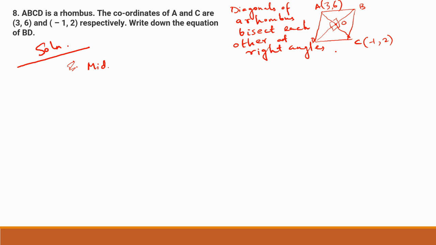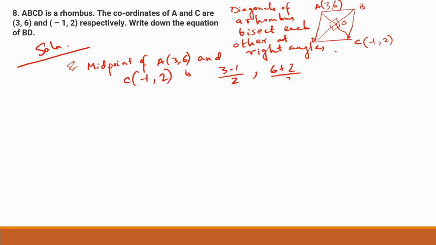Now write the midpoint of A (3, 6) and C (minus 1, 2) is (3 minus 1) divided by 2, (6 plus 2) divided by 2, or 1 comma 4, right? So you got the midpoint O.